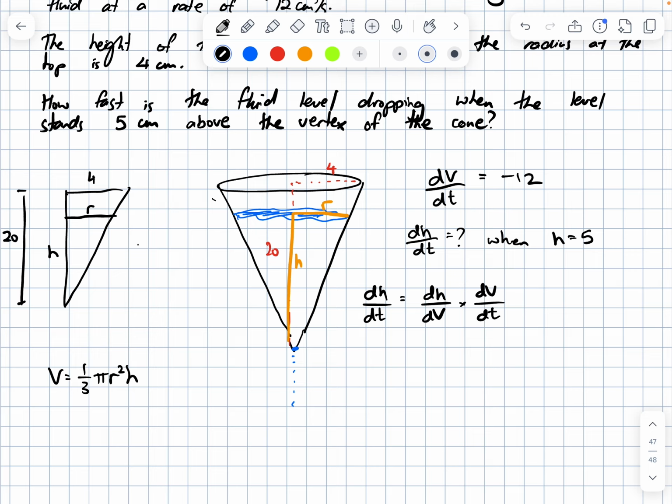So we already have all the common dimensions of the small triangle and the big triangle. That gives us, if we look at the height dimension, h over 20 will equal the base dimension r over 4. Which means that h equals, if we times by 20, 20 over 4 is 5, so that's 5r. Now we want dh/dv, which means we want to swap out r squared in terms of h, and so r equals h over 5.